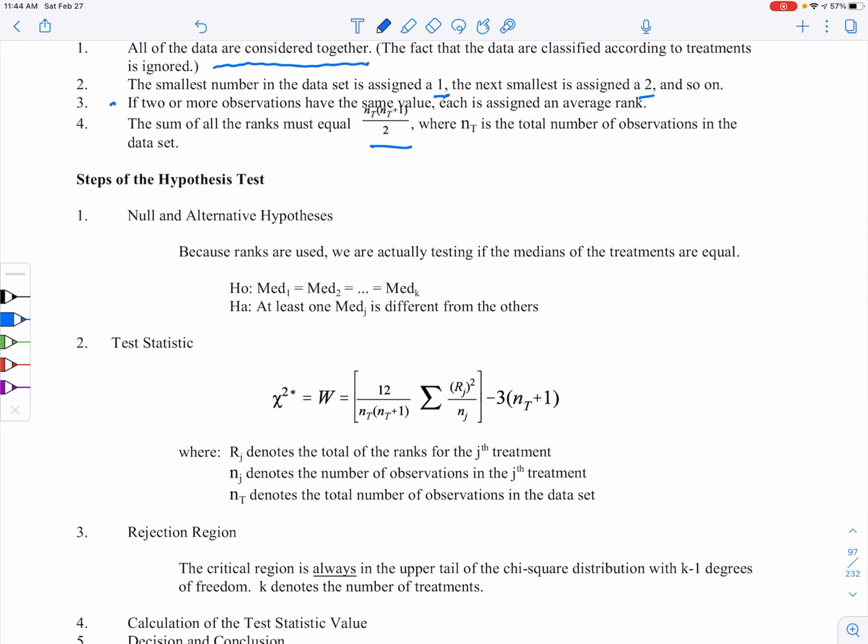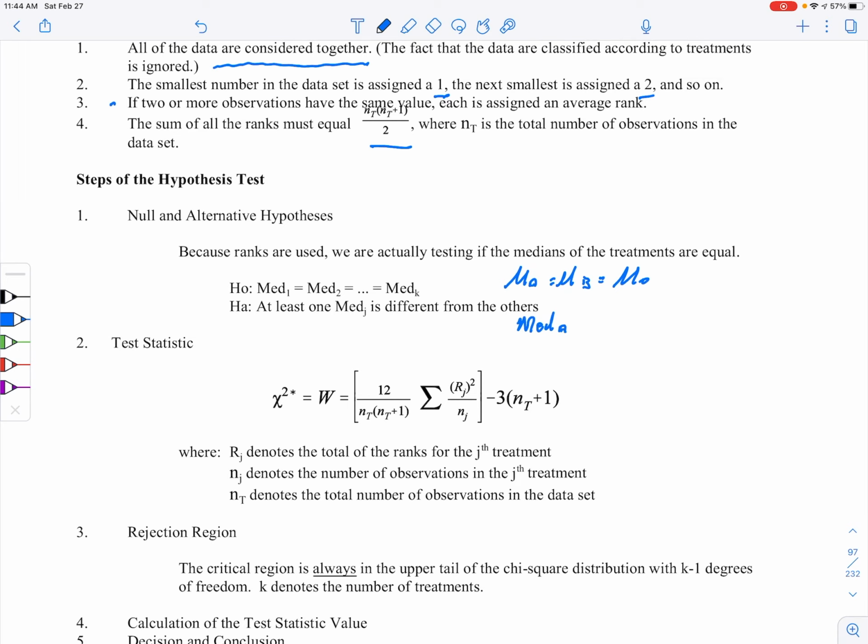So if we were talking about ANOVA, of course, we're talking about the means are equal. So in the tree example, we had that the mean of Alberta trees is equal to the mean of BC trees is equal to the mean of Ontario trees. When we change the numbers into ranks, then now we're going to be testing medians.